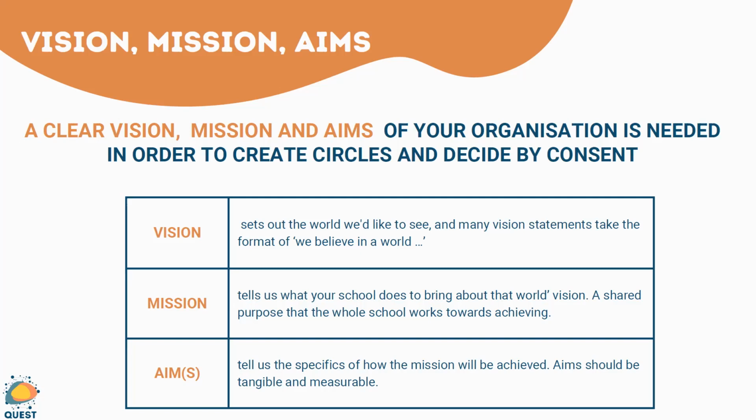The mission operationalizes the vision, and it tells us what your school, for instance, does to bring that world vision to reality. So it's a shared purpose of the school. And the aims, again, operationalize the mission, telling us very specifically how the mission will be achieved. Aims should be tangible and measurable. And those are very important because all the aims will compose the circles. So if we don't have clear aims, we will never be able to have circles.